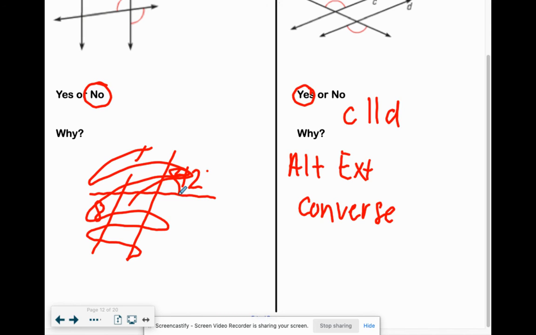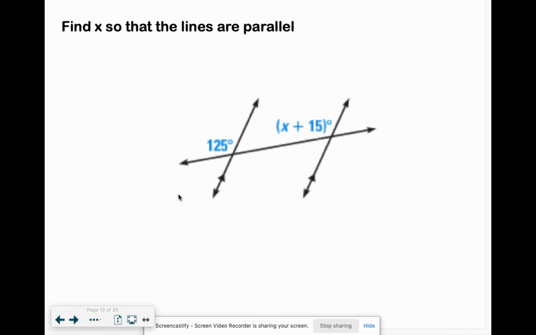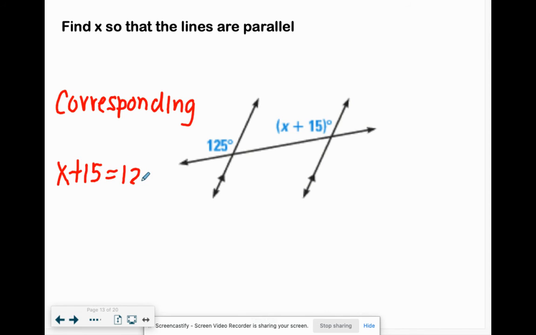Okay, one more, a little algebra. It says find x so that the lines are parallel. The correspondence of the... Bingo, corresponding angles. So I'm gonna write that. So we can write x plus 15 equals 125.